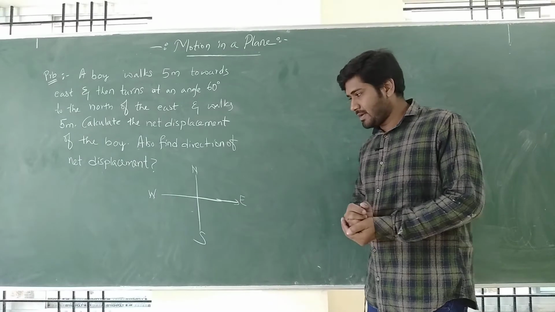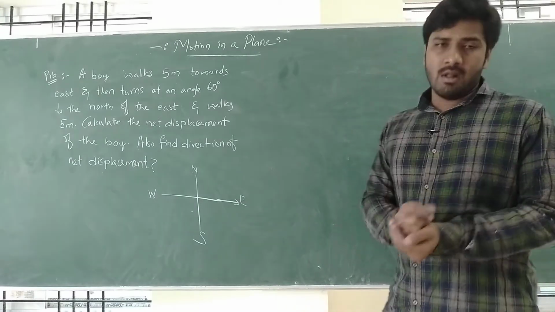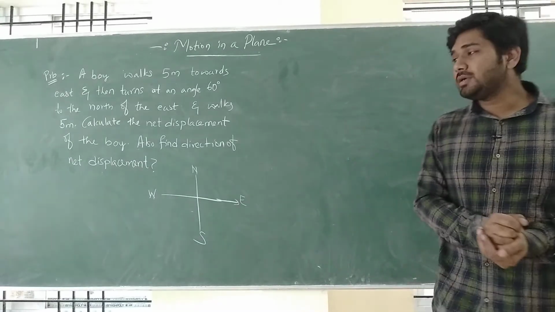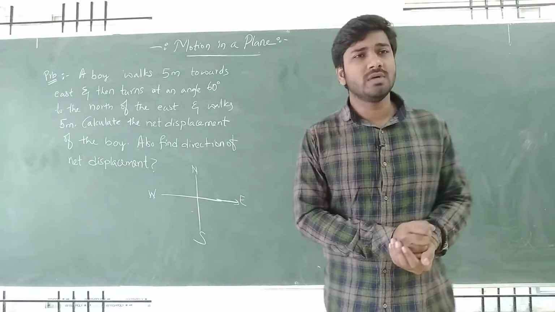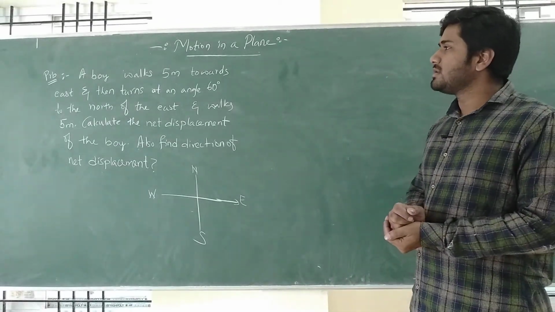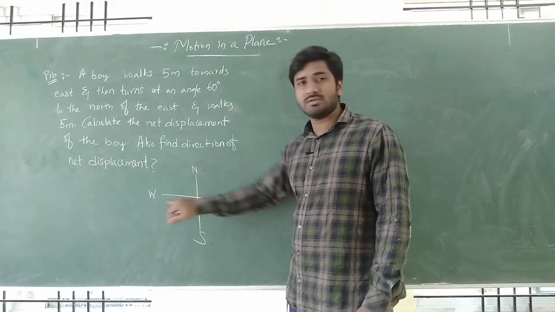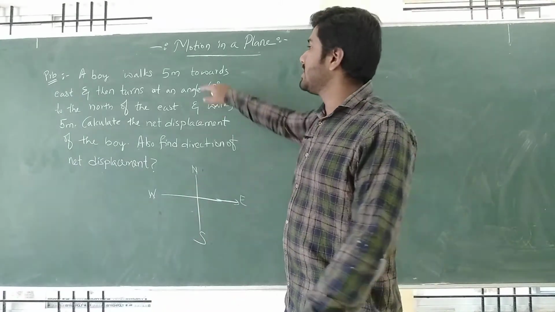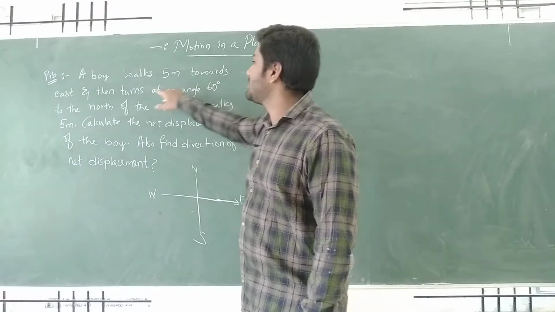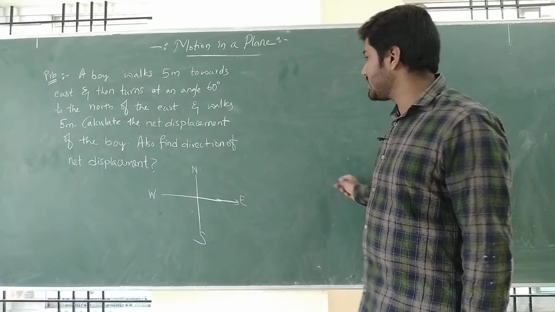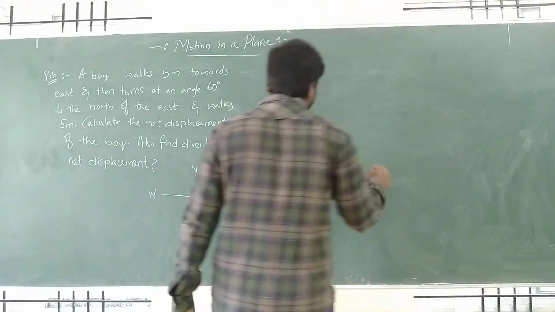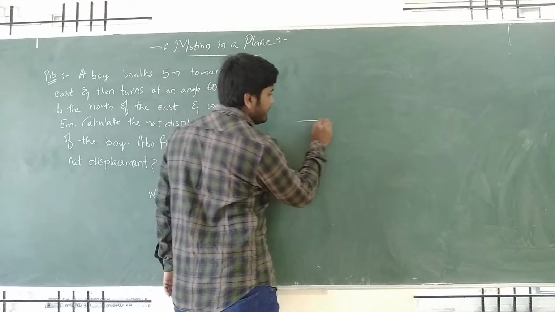So first of all, what we have to do is to understand the problem. First of all, see, the directions north, south, east, west are given. Correct? Now see, a boy walks 5 meters towards east. How many meters did the boy go towards east? 5.